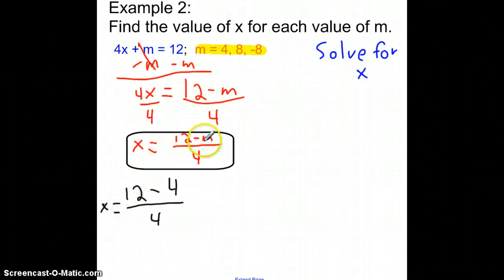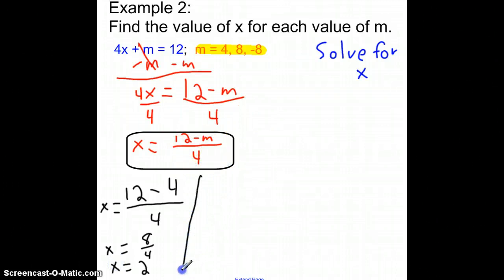I just replaced m with 4. 12 minus 4 is 8. 8 over 4, I think we know that's going to be 2. So x equals 2 when m equals 4.